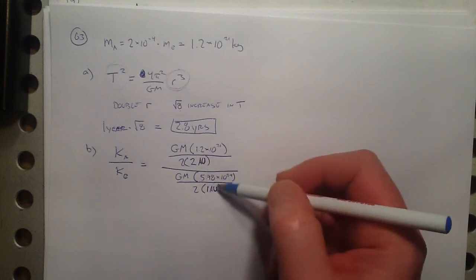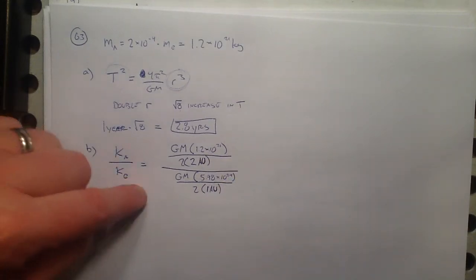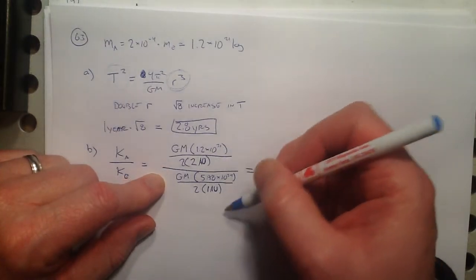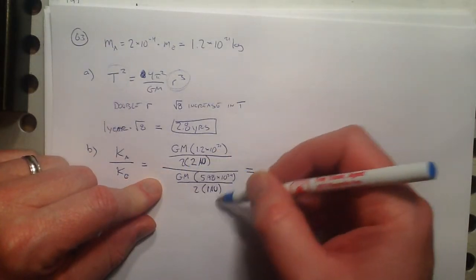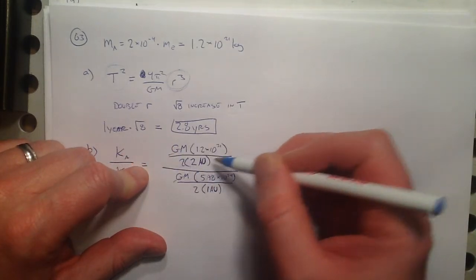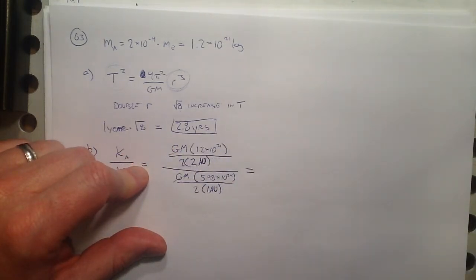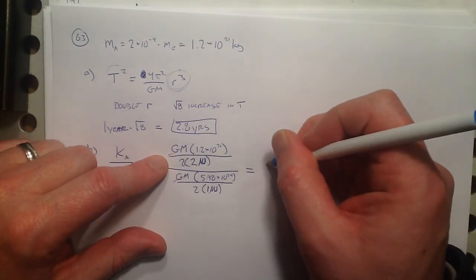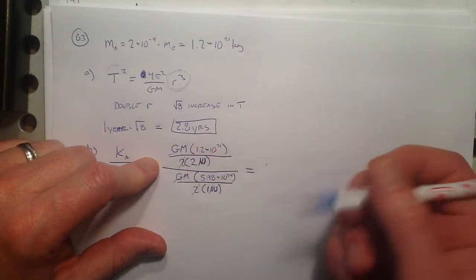This is just a 2-to-1 ratio of those things, so lots of stuff cancels out here. Dividing by a fraction is the same as multiplying by the reciprocal. The GMs cancel out, the AU cancels out, and the 2's cancel out also.